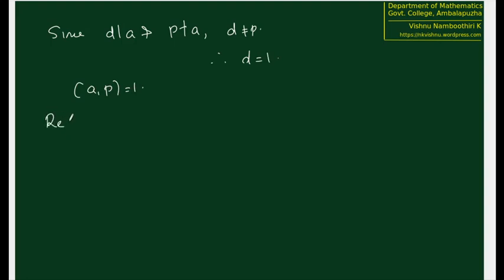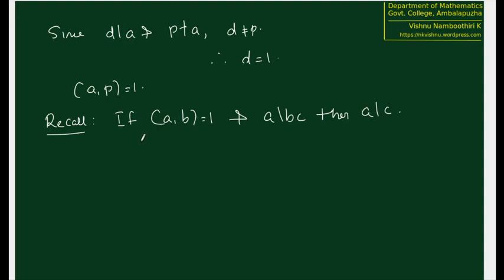Now recall the result that we have already seen. If GCD of A and B equals 1 and A divides BC, then we have seen that A divides C. We are in a similar situation here. GCD of P and A equals 1 and P divides AB.